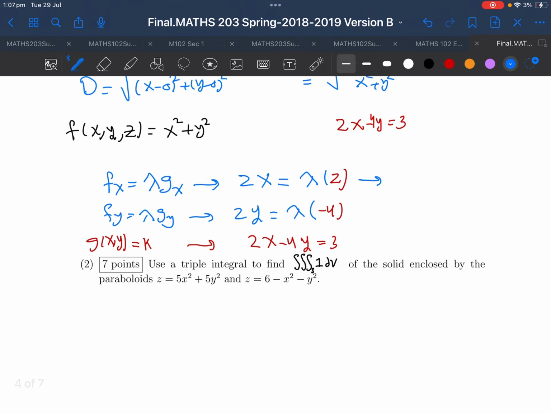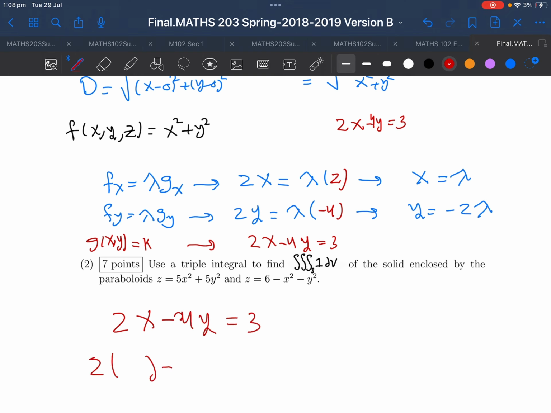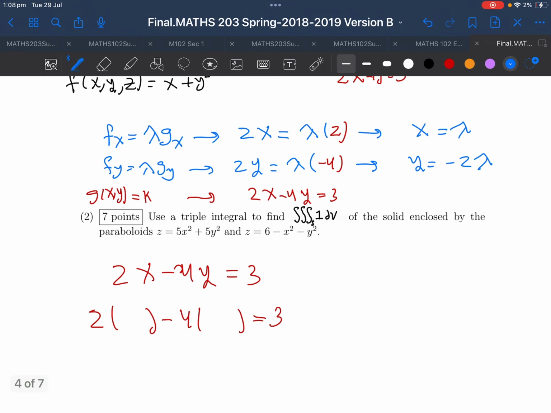Now, as you can see from the first equation, I can say that x is equal to lambda. From the second equation, I can say that y equals negative 2 lambda. Then I take the third equation, and let me substitute x with the value of lambda. That's an easy way to find it. So we have lambda and negative 2 lambda.